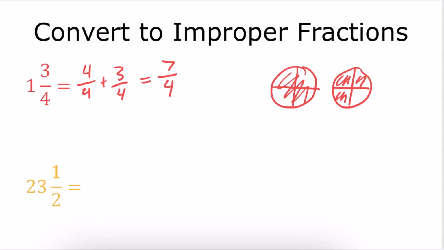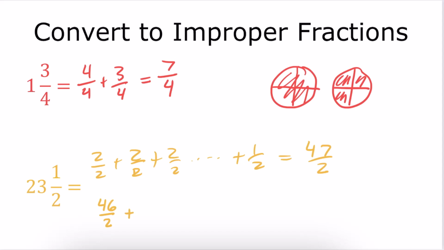Because if you ask your students to convert 23 and 1/2 into an improper fraction, they may start out by using a strategy like 2 halves plus 2 halves plus 2 halves, like 23 times, and then add 1/2 at the end to find out that 23 and 1/2 is 47 halves. However, this strategy is not very efficient, and it won't take your students very long until they realize that they could just say, well, 23, if I multiply that by 2, that gives me 46 halves, and that would be equal to 23 because each one of the wholes is 2 halves.